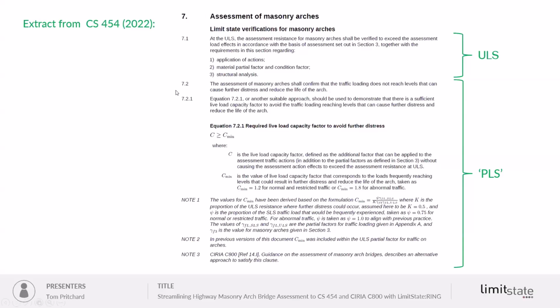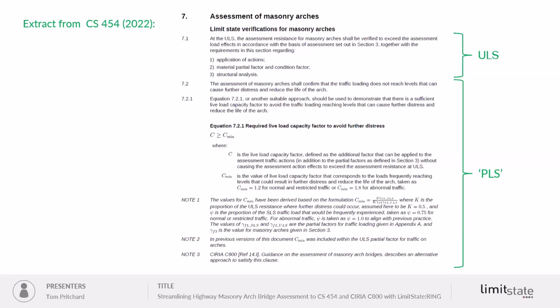And 7.2.1 here proposes that we assess to avoid further distress by applying, in this case, a fixed factor of 1.2 or 1.8 on the ultimate limit state live load capacity factor, or C, which is equivalent to what we call the adequacy factor in limit state ring.